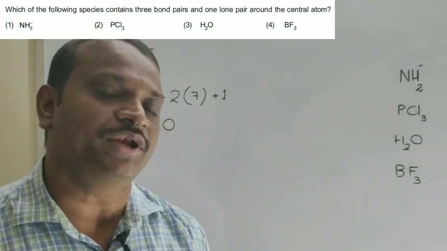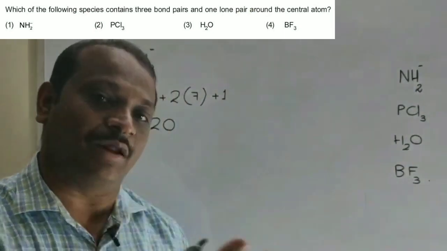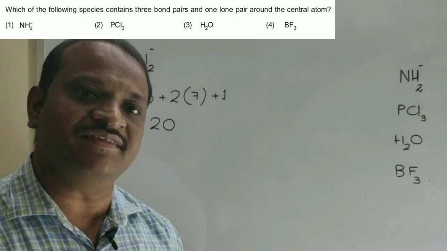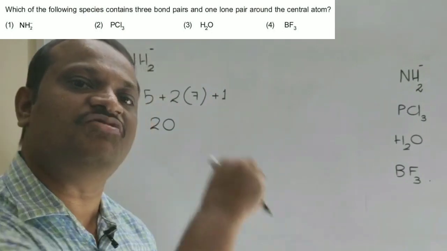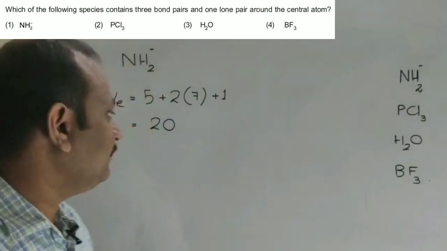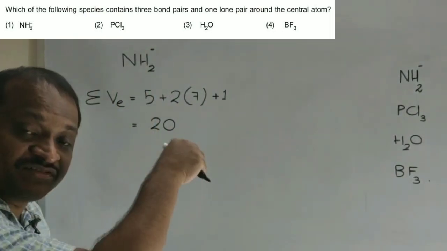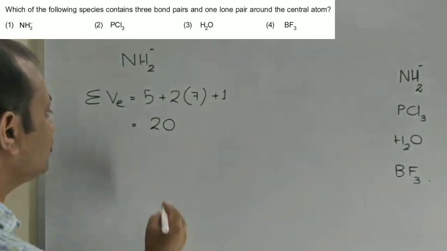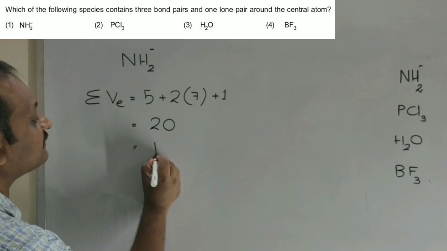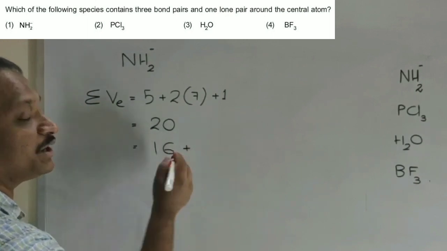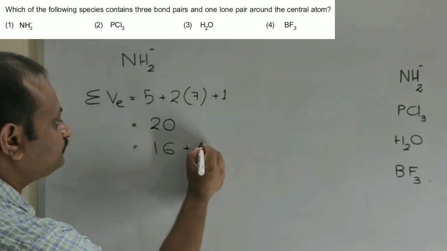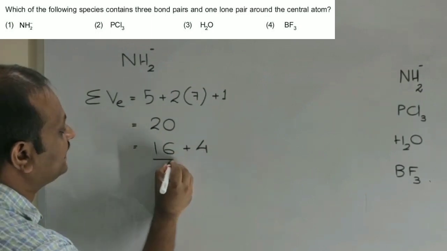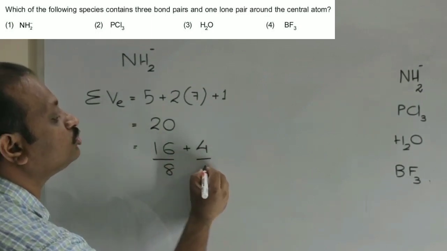For that, you need to split this number into 2, such that the first number is the highest multiple of 8 possible from the digit. We have 20, and the highest multiple of 8 is 16. Take out that 16, and the remainder is 4.